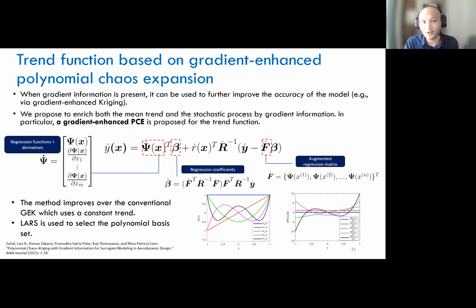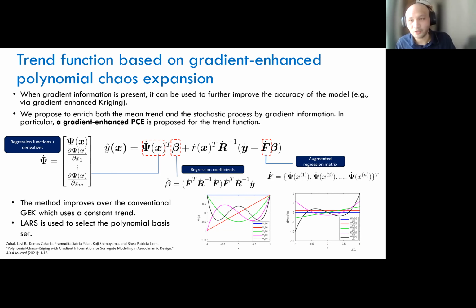Because the conventional way to do this is by assuming that the mean function is 0, but you improve the stochastic process by using gradient information. But what we did here is that we improve both the stochastic process and also the trend functions by using the so-called gradient enhanced polynomial chaos regression.